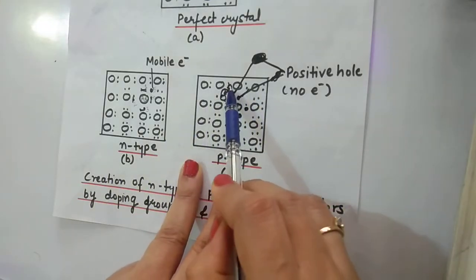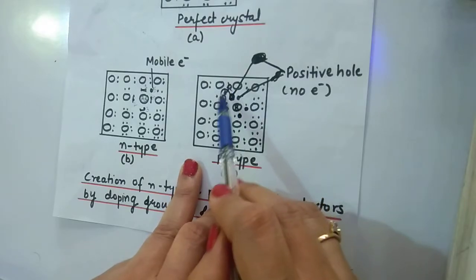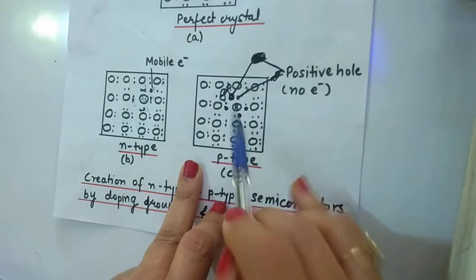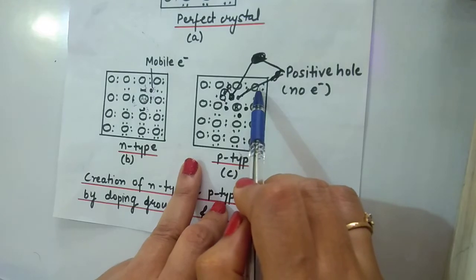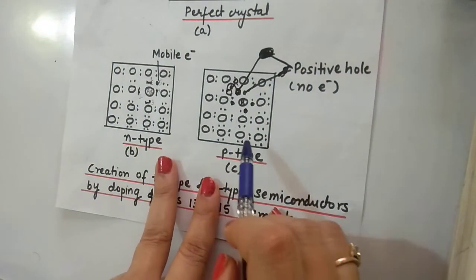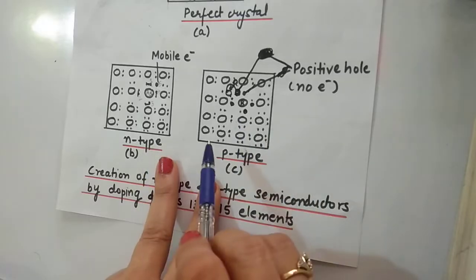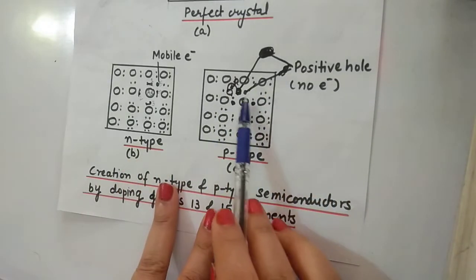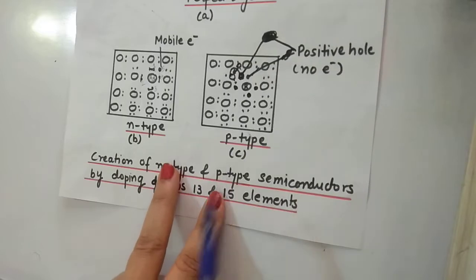So this hole is a positive hole, and this positive charge is roaming in this structure. It is due to this positive charge that a charge is being carried, and that is its electrical conductivity.